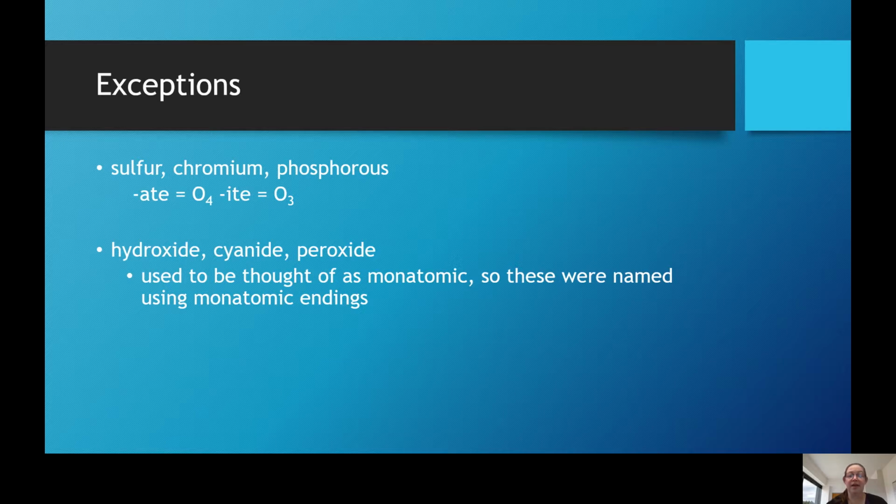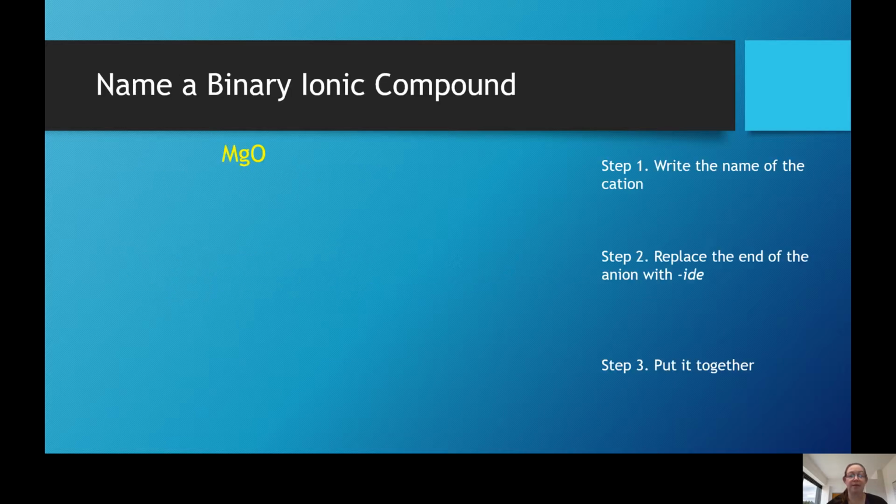All right, so we're going to look at how to name a binary ionic compound. And I tried to record this once and do everything on the slide, and again, it did not record my annotations, so I'm actually re-recording this one for you guys. So I'm going to switch back and forth between this and the whiteboard. So let me just get this set up a little bit better.